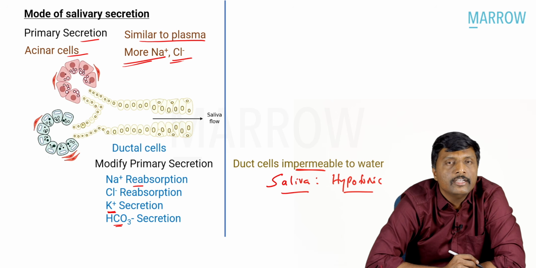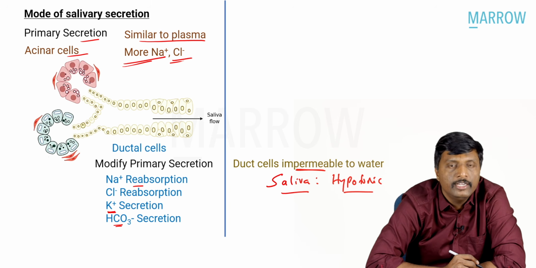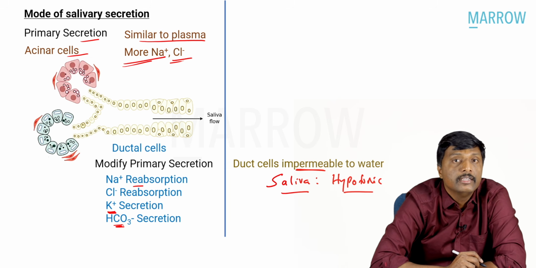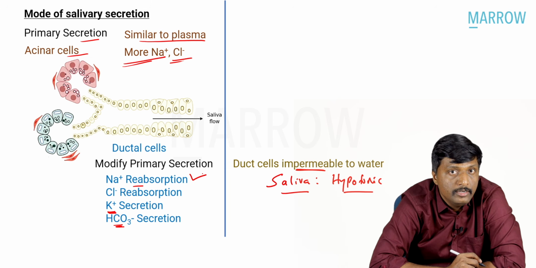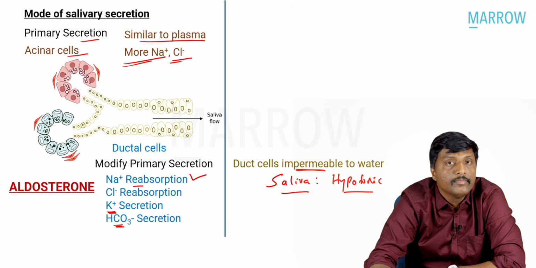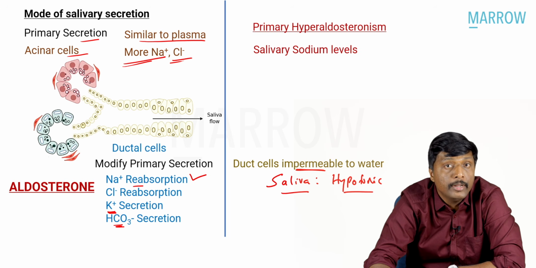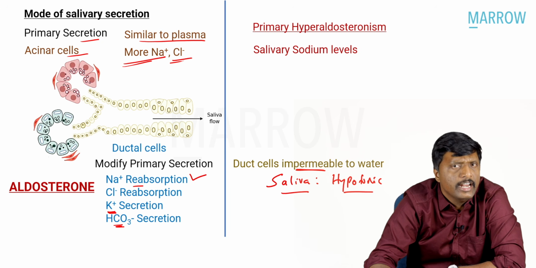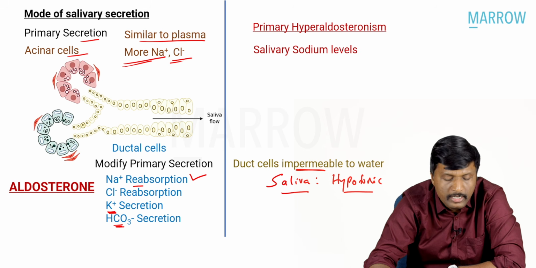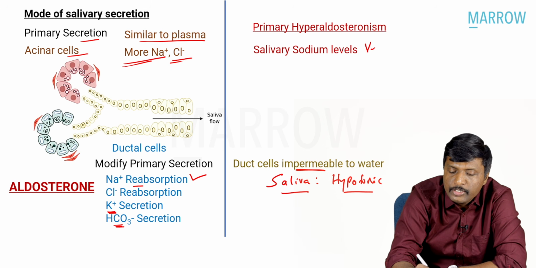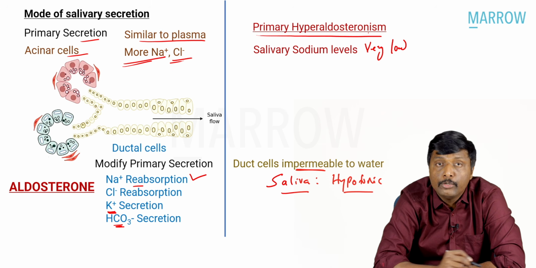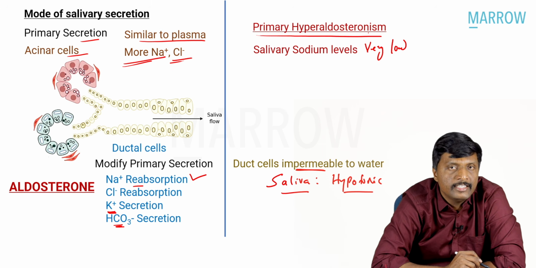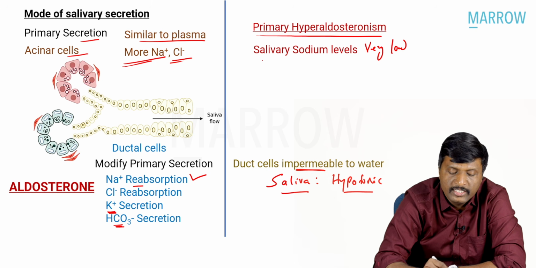Mainly in the ductal cells, sodium chloride reabsorption, potassium and bicarbonate secretion. Particularly this sodium reabsorption is accelerated by aldosterone. That is why in primary hyperaldosteronism, because of excess levels of aldosterone, there is enhanced sodium reabsorption, leading to very low salivary sodium levels.